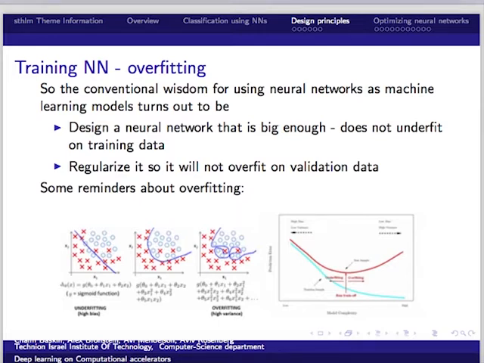We will have some techniques to make the model more generalized, so that we achieve the same or very close accuracy for the validation and training sets. Questions until now? Great.